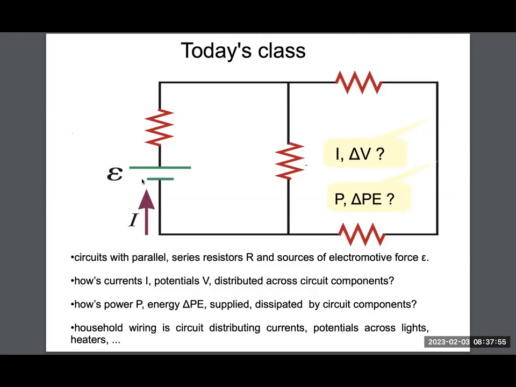It distributes the voltages and the currents to the lights in your home, to the heater in your home, to the hairdryer in the bathroom, to the microwave in the kitchen, and so on and so forth. So that's a classic example of an electrical circuit with a source of voltage, a source of current that's being supplied, delivered to a number of different circuit components that are arranged in parallel and arranged in series.